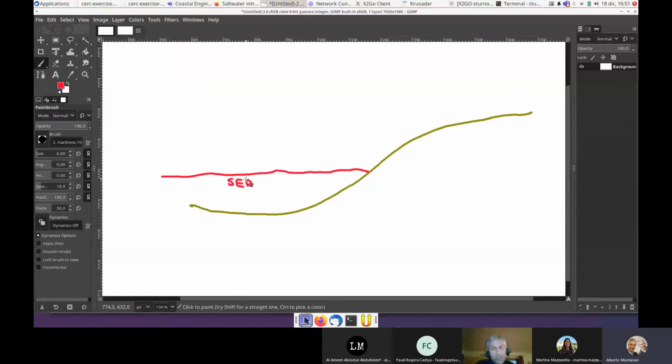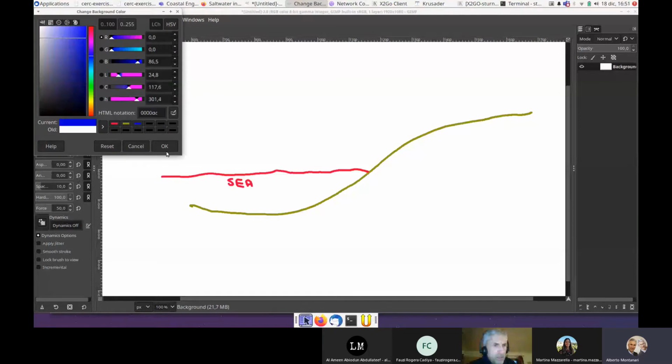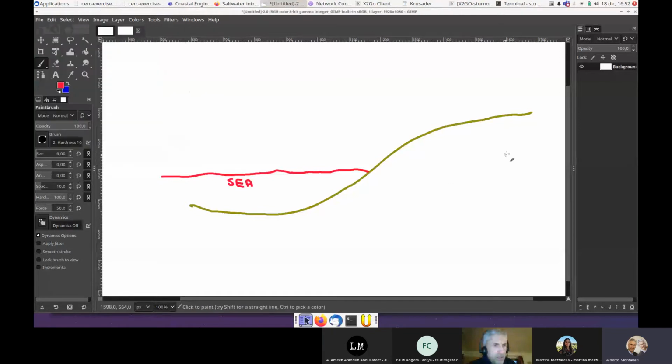Okay. And now let me use a blue color to indicate the fresh water. Here, blue. Okay. Very good.